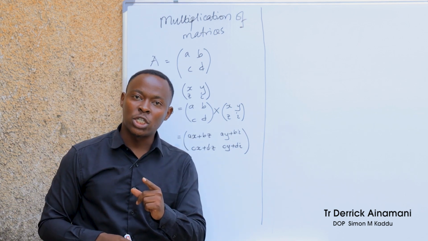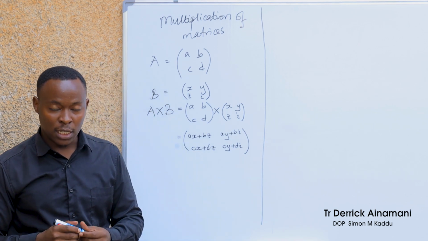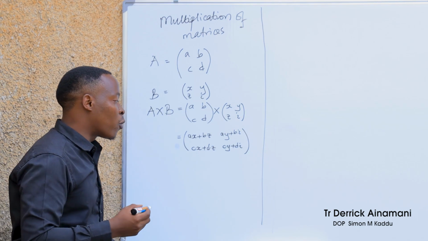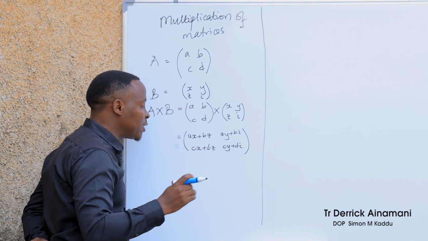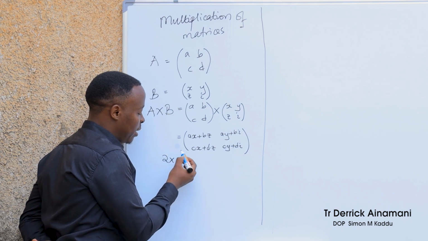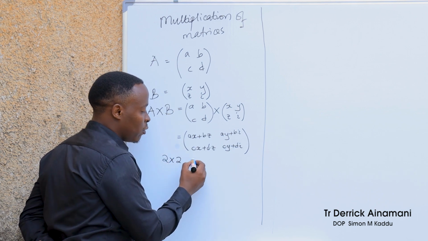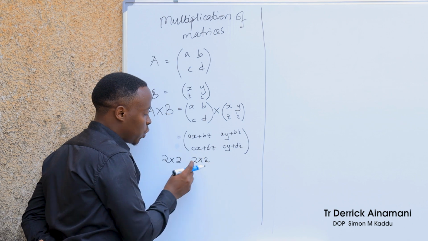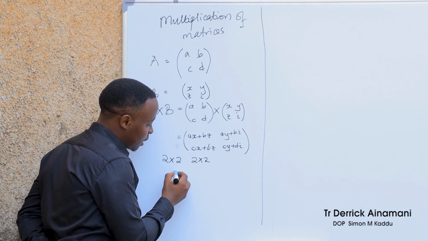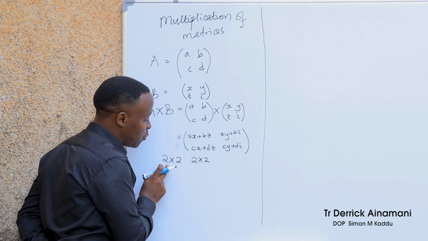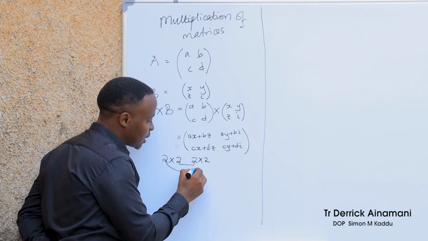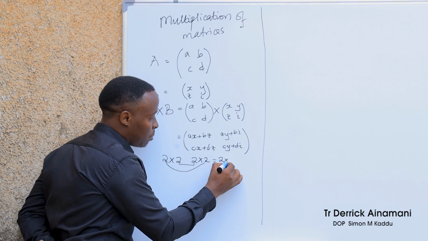Another thing to take note of when you're dealing with multiplication of matrices is what we call compatibility. When I'm multiplying a 2 by 3, maybe by a 2 by 2, it is compatible with a 2 by 2 because here we have a 2 and here we have a 2. When you're multiplying a 2 by 2 and a 2 by 2, you get your answer also as a 2 by 2.